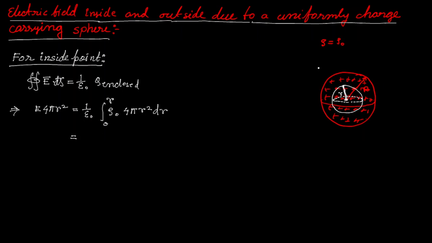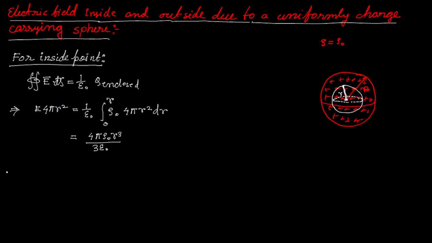Rho in this case is uniform, everywhere the same, so you can take it outside. Then 4 pi is also constant, you can take it outside. Then r square, the integration of r square will be r cube divided by 3, with lower limit 0 and upper limit smaller r. So finally what we'll get is 4 pi rho naught r cube divided by 3 epsilon naught.